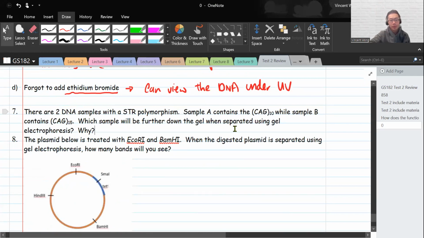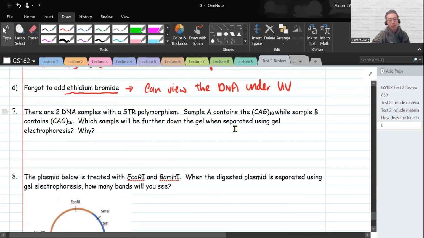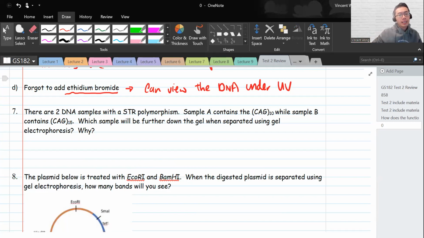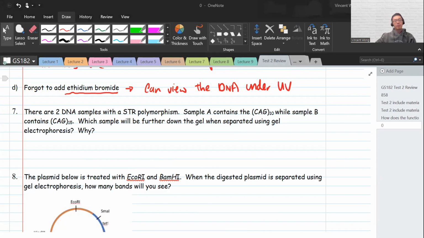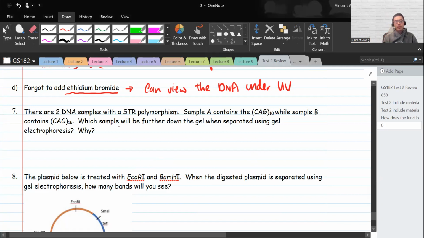All right, here's another question. There are 2 DNA samples with short tandem repeat polymorphism, STR. Sample A contains CAG repeated 10 times, and sample B contains CAG repeated 15 times. Which sample will be further down the gel when separated using electrophoresis?